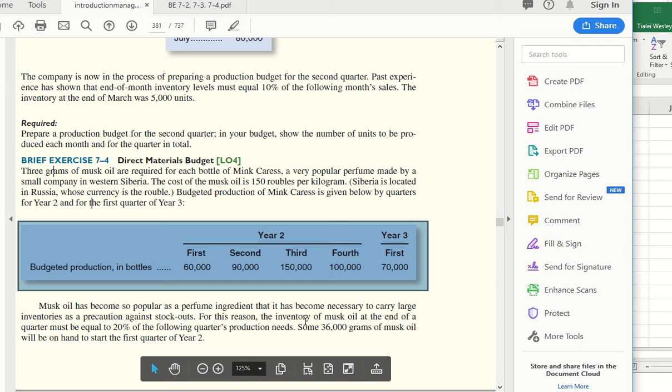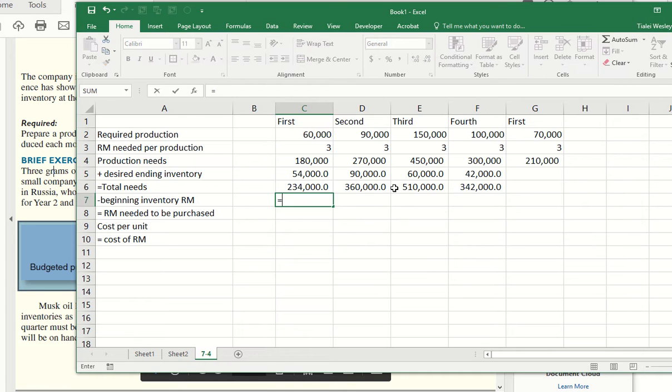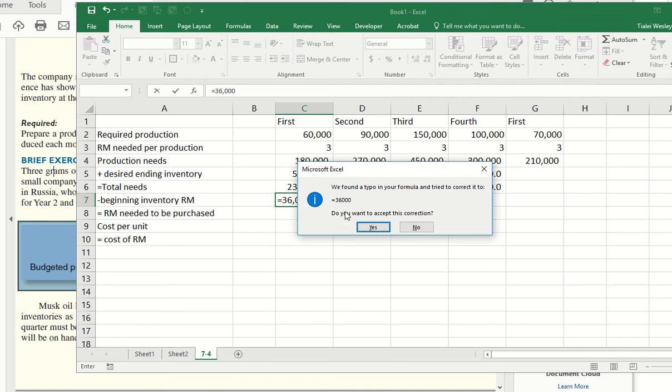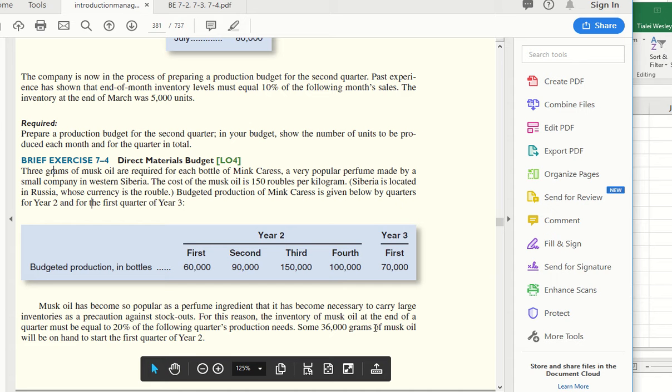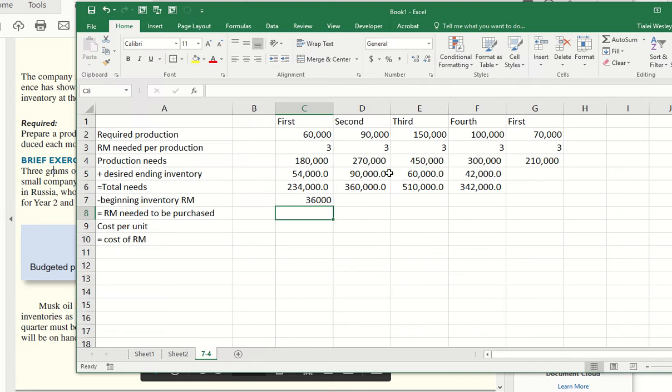So they told me that I had 36,000 grams of musk oil. At the beginning of the year, or what did they say? They said some 36,000 grams of musk oil will be on hand to start the first quarter of year 2. So this is on hand. That was our beginning inventory.